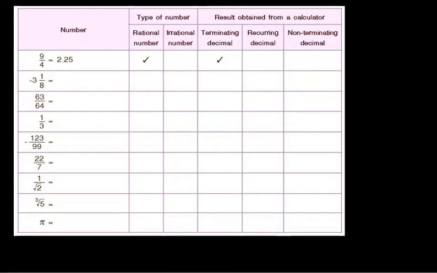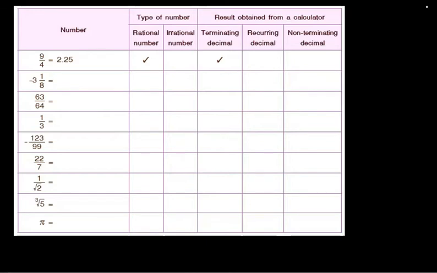You will be able to tell if a recurring decimal is rational or irrational. You'll be also able to tell if a terminating decimal is an irrational number or a rational number. Okay? So I believe that you are ready with your calculator.